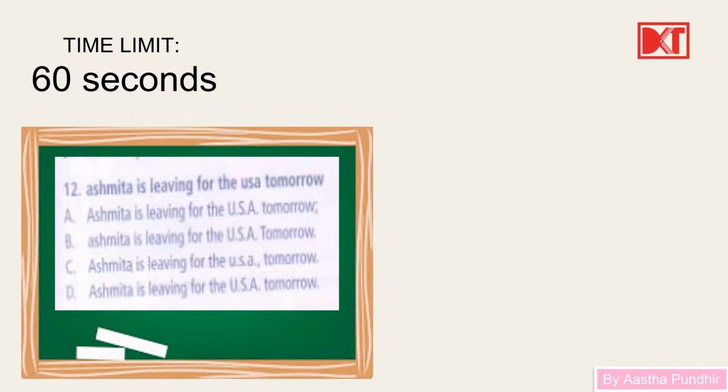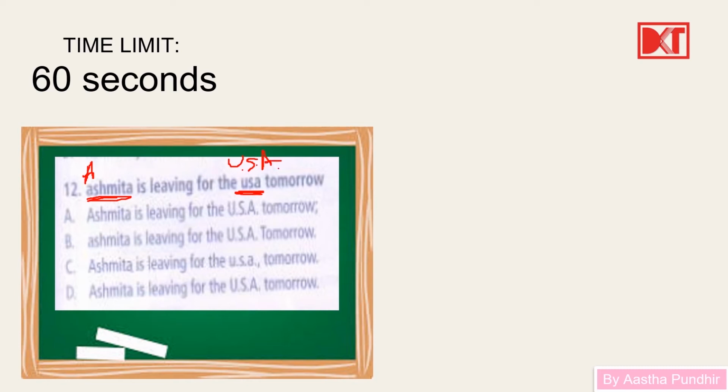Tomorrow. Let's see. Ashmita. Ashmita is the name of a person. It is a proper noun. Also, it is the word with which the sentence is starting. So this will be capital. So Ashmita, A capital, is leaving for the USA tomorrow. Now here USA. USA is a short form. It is an abbreviation of United States of America. So here we have the full stops in the middle, right?